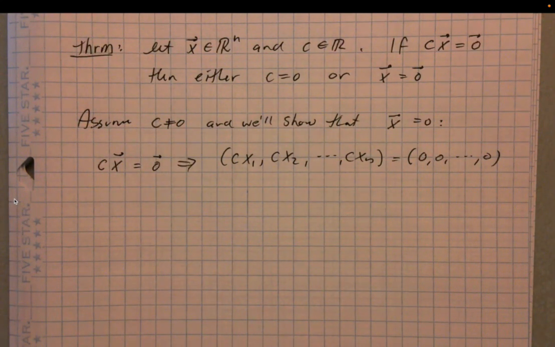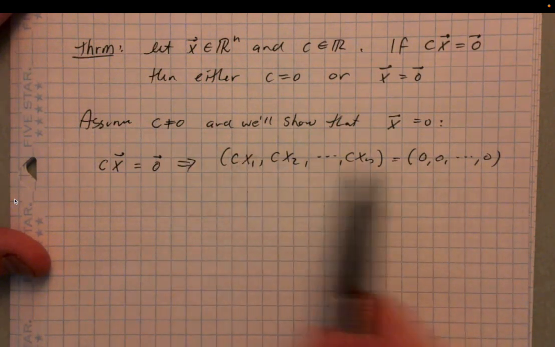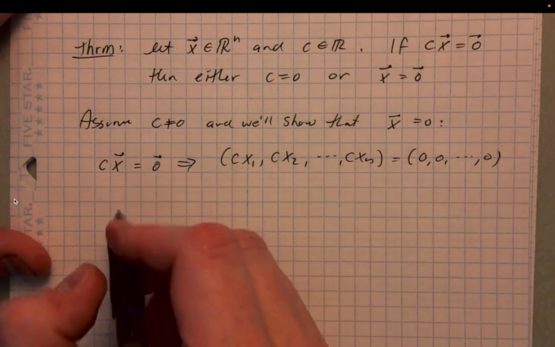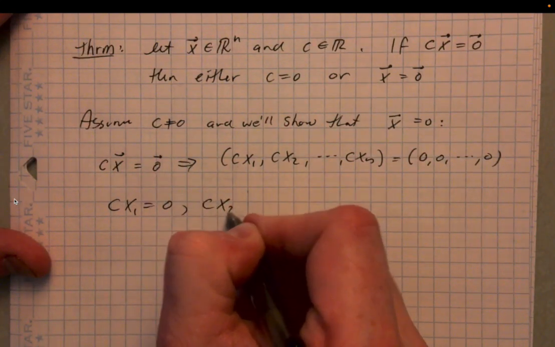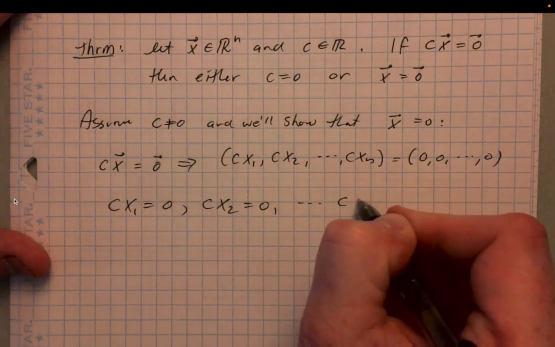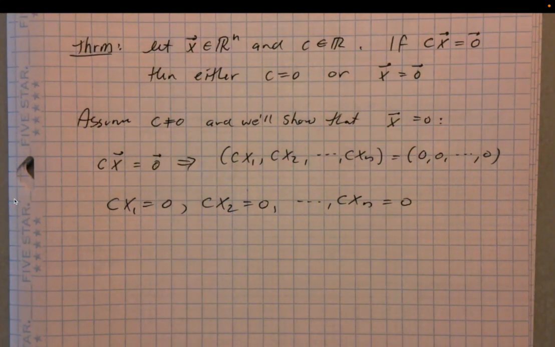And so what follows? Well, if these two vectors are equal, then this component has to equal that component and so forth. So Cx1 equals 0, Cx2 equals 0, Cxn equals 0. So all of the products inside the vector now have to equal 0.